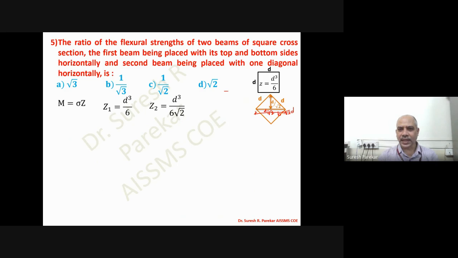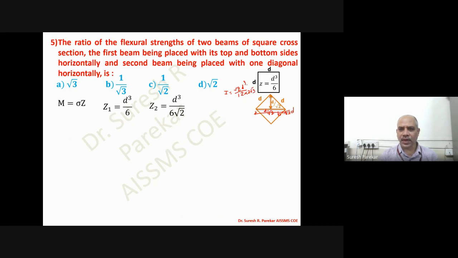So if I write I over here, then I get the value of I equal to B D cube by 12. B we have root 2 D, then D cube by 12. So D we have, that is D by root 2. So we are going to get it as 2 root 2, D cube we are saying.